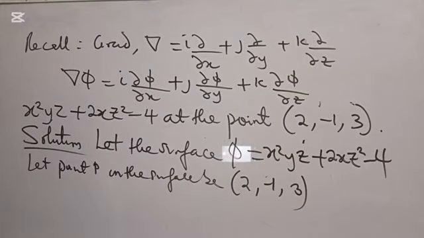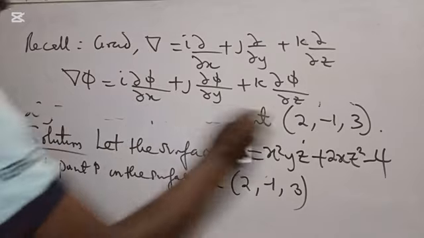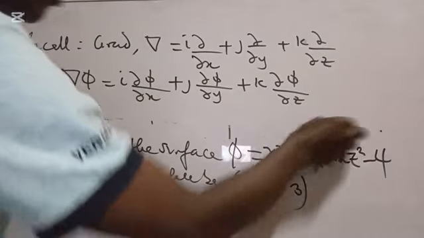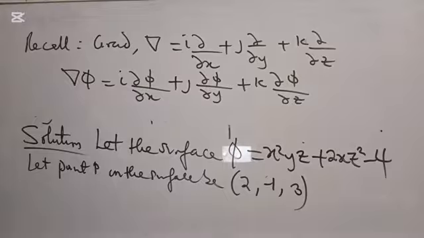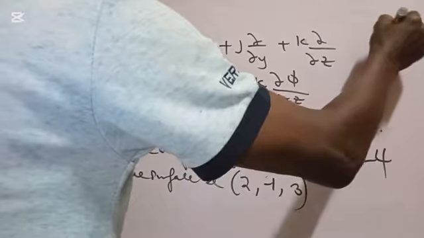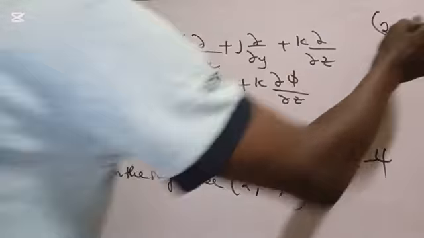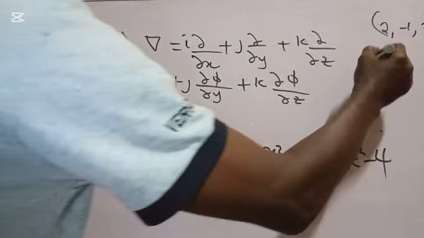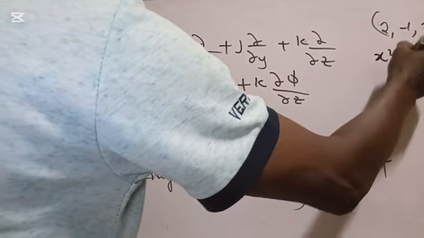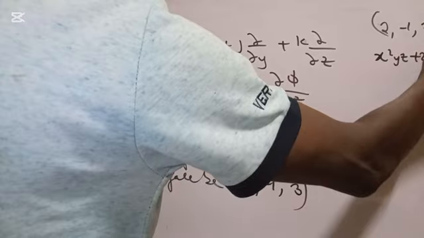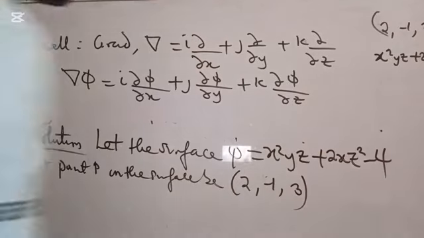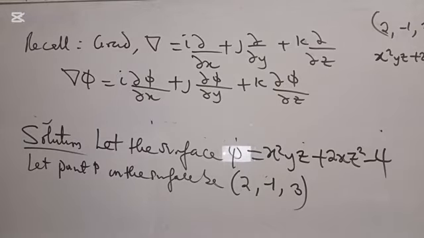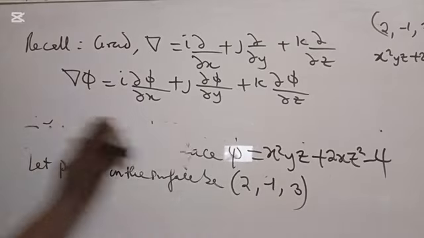Now with that, let's write the question somewhere so that when we need it, we will not have a problem. The point is 2, minus 1, and 3. And the surface is defined as x squared yz plus 2xz squared minus 4, because we may need it when we clean it. Now, what do we do next?